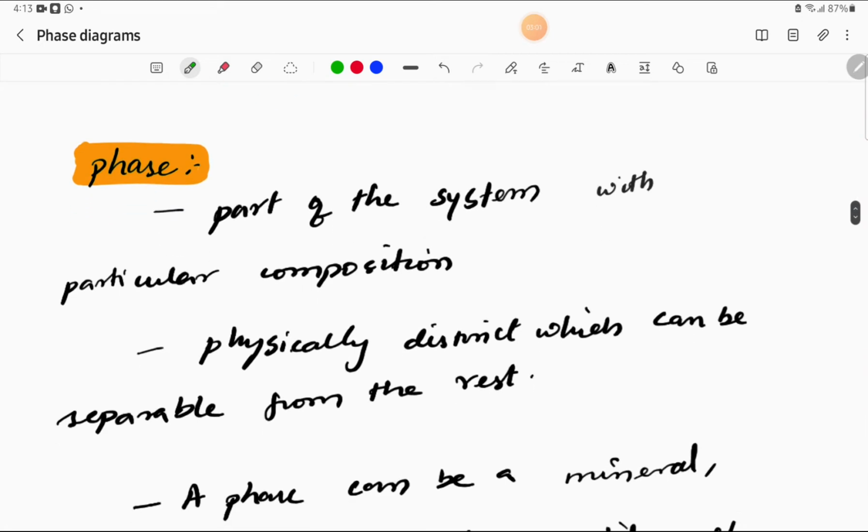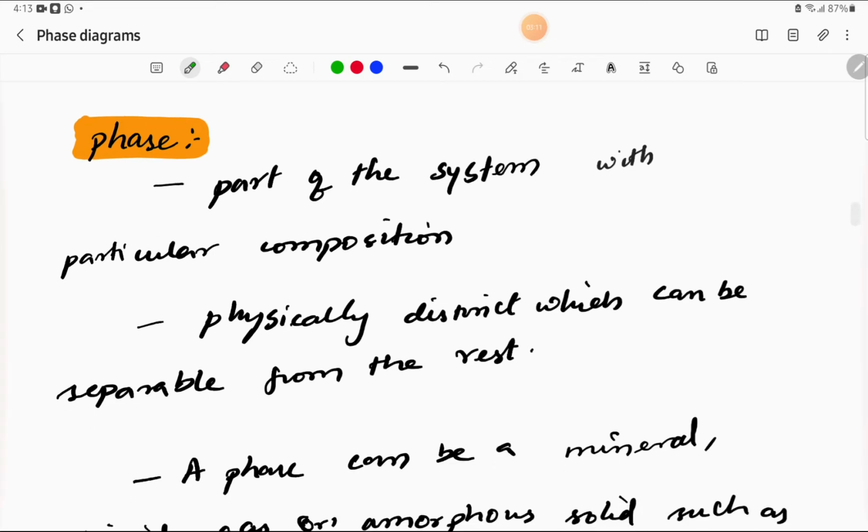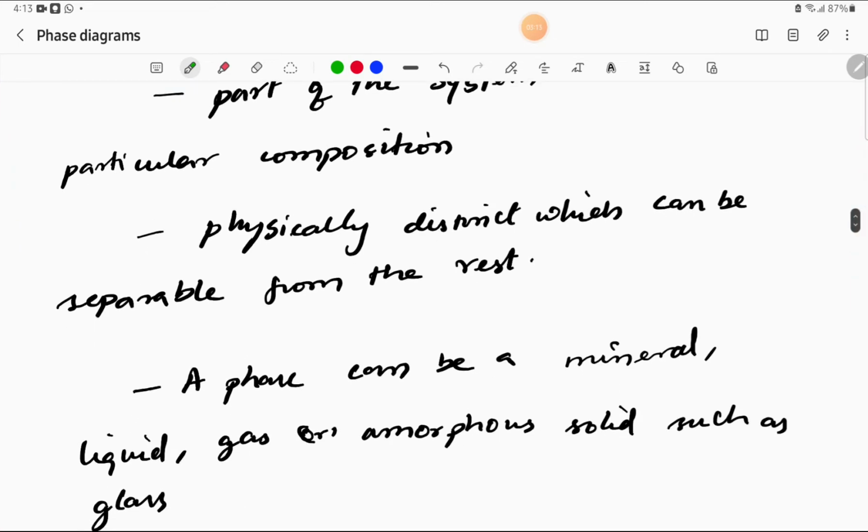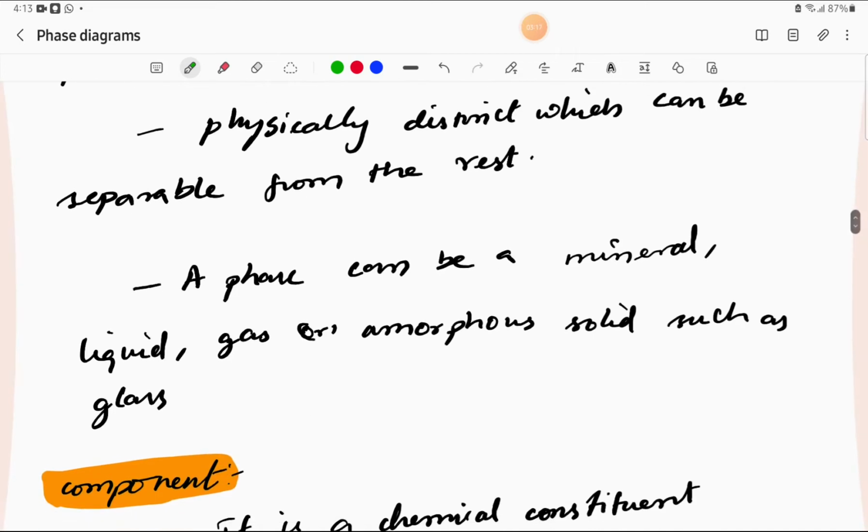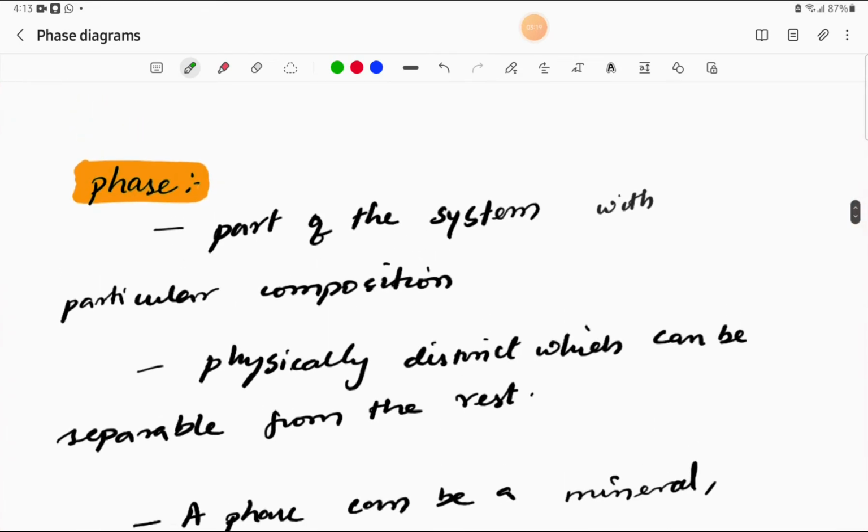so next is phase. What is a phase? See, it is a part of the system with a particular composition, physically distinct, which can be separable from the rest. A phase can be a mineral, a phase can be a liquid, a phase can be gas, or amorphous solid such as glass. Okay, consider an example: in a glass, if you have water with some ice cubes in it.